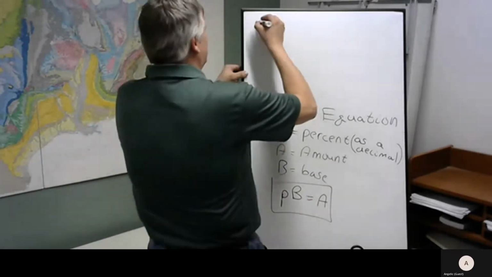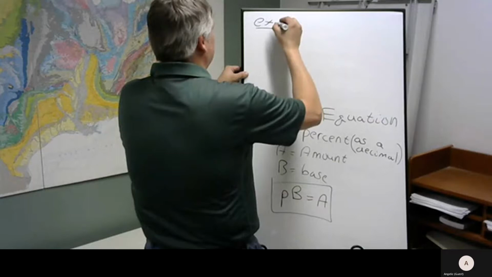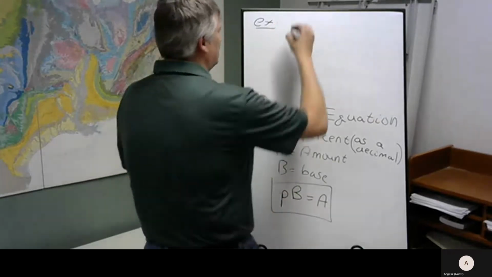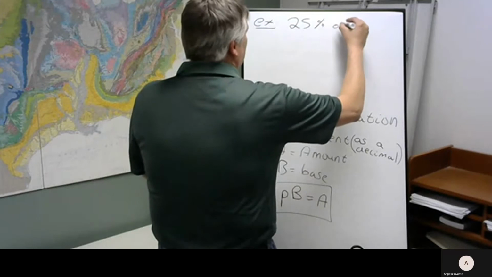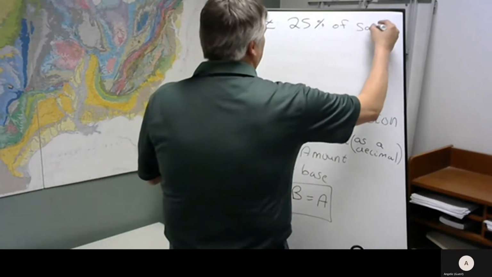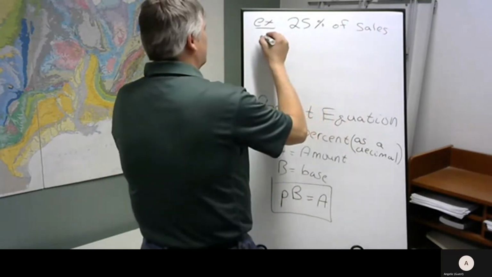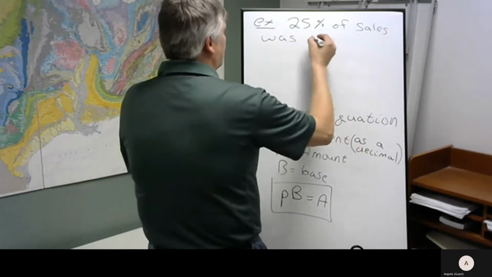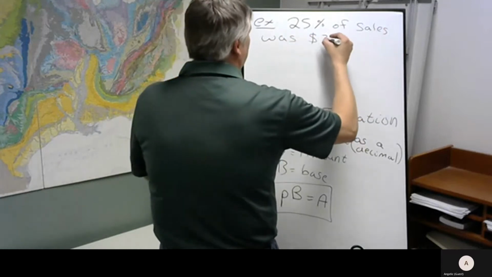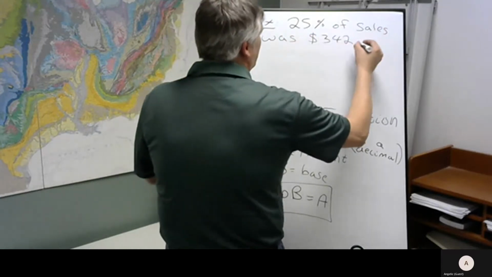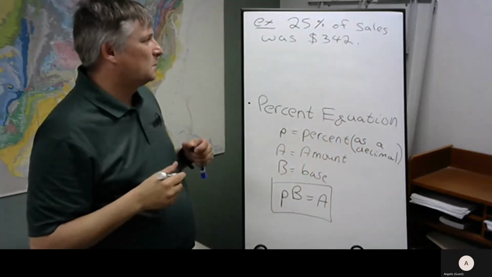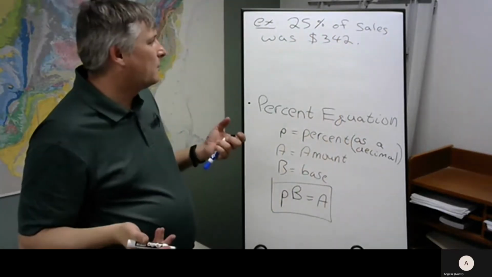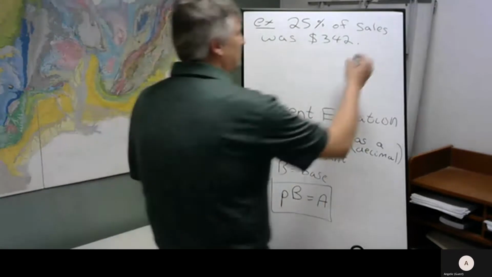So let's say we have this. 25% of sales was $342. So let's say we want to find out what was the total sales.